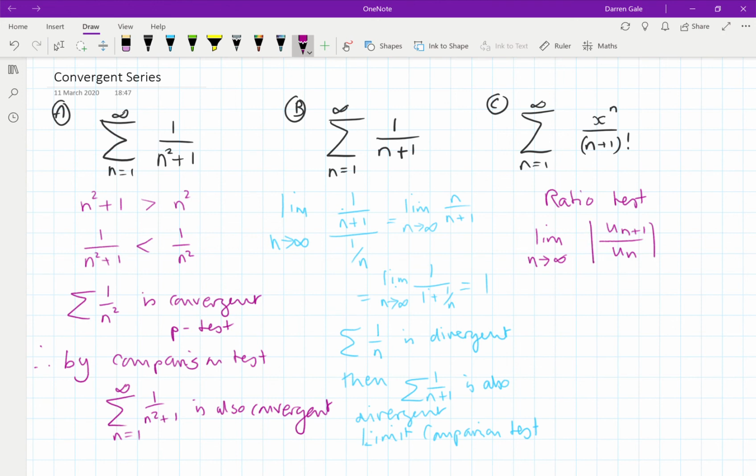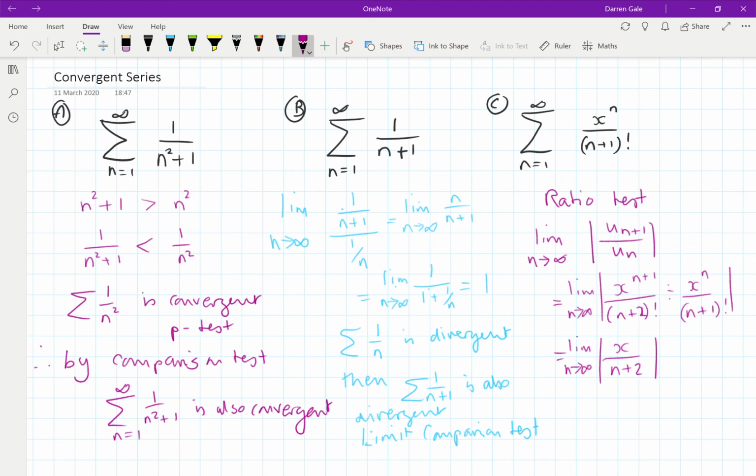So in this particular case, we want x to the n plus 1 over n plus 1 factorial, divided by x to the n over n factorial. Remember, that's the limit as n goes to infinity. This will give me x on top, and n plus 2 on the bottom. Again, we still want the limit as n goes to infinity.